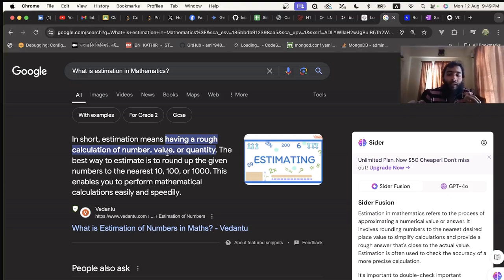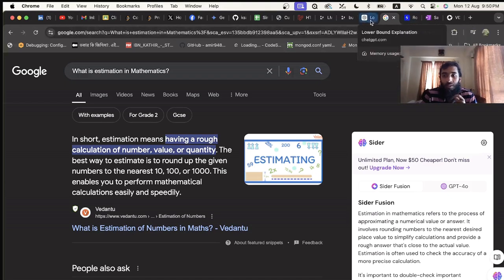It doesn't require you to have a very precise calculation. The best way to estimate is to round the numbers to the nearest 10, 100 or 1000. This enables you to perform mathematical calculations easily and speedily. So this is one of the core purposes of estimation.